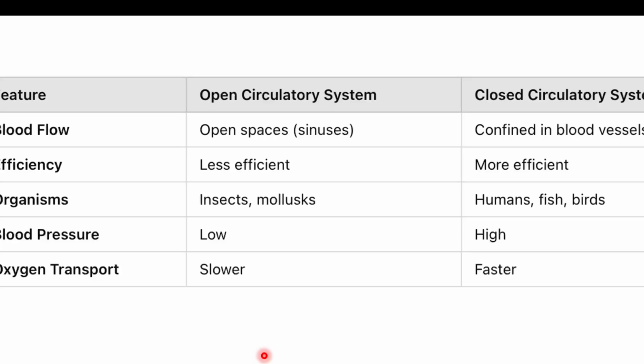Annelids like earthworms and leeches have a closed circulatory system with blood confined to vessels. So annelids are higher organisms with a closed circulatory system. Nematodes and porifera lack a circulatory system. So the correct answer is arthropods, which have an open circulatory system.